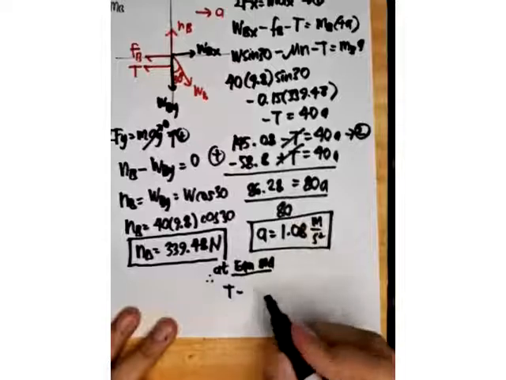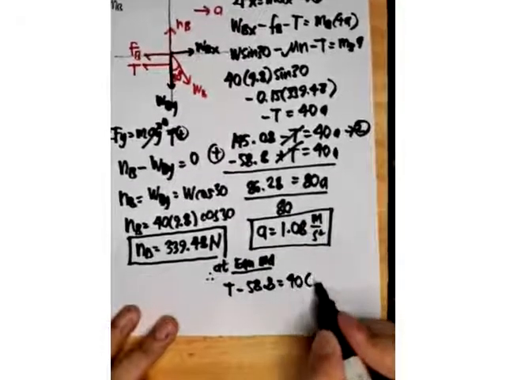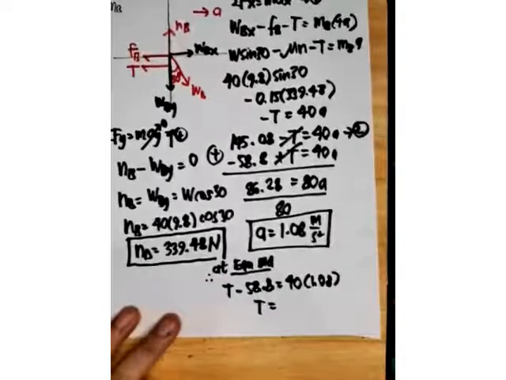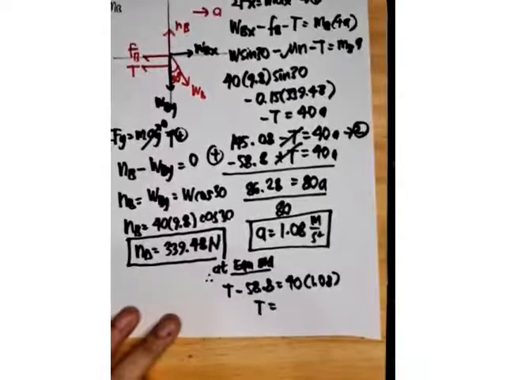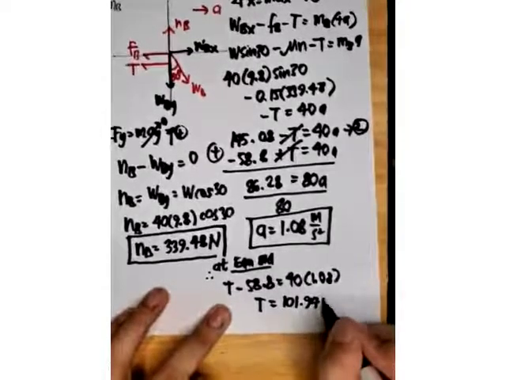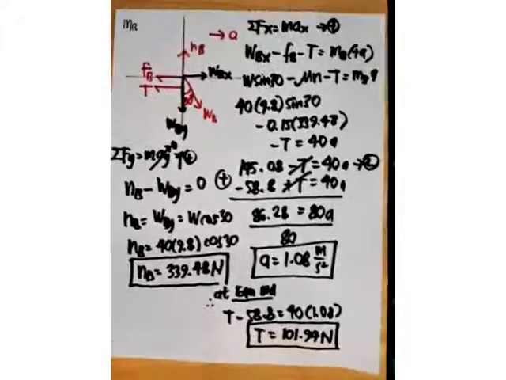So tension minus 58.8 is equal to 40 times 1.08. So what's the tension? 101.94 newtons. So yan yung ating sagot. 101.94.